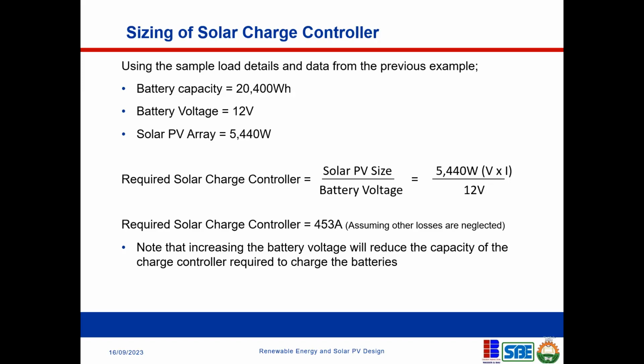When you talk about a 48-volt system, you're talking about using 4 numbers of 12-volt batteries, and that increases the cost. So when you want to do the economics of it, is it best to increase the voltage of your system in order to reduce your charge controller, or to find a balance so that your charge controller is still within range in terms of prices?